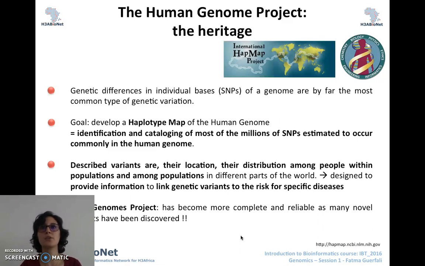SNPs are single nucleotide polymorphisms. These are genetic differences in individual bases of a genome that are by far the most common type of genetic variation. So the goal was to describe these variants, their location, and their distribution among people from several different kinds of populations. It was designed to provide information to link genetic variants and the risk for specific diseases.